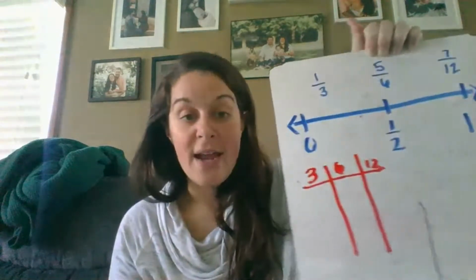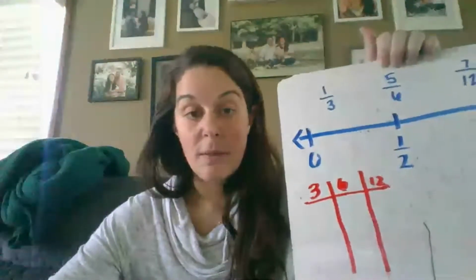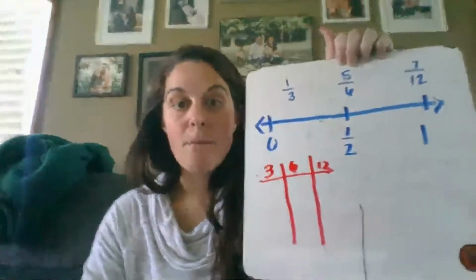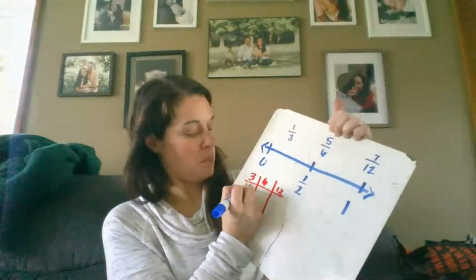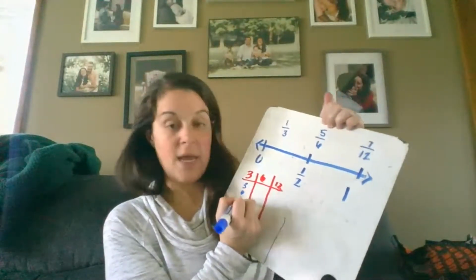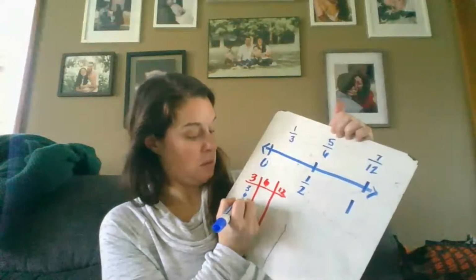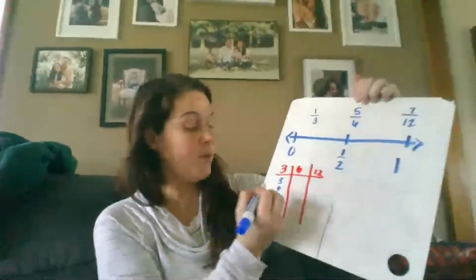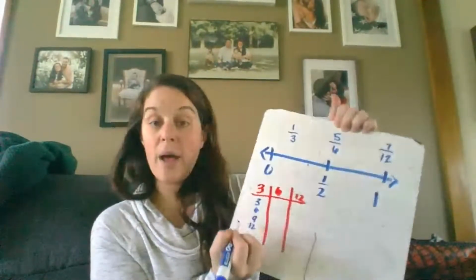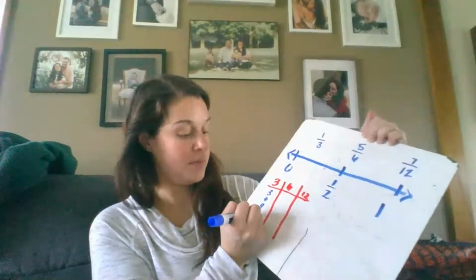Okay. And then do I list my multiples? Perfect. So I'm just going to do it down. Okay. Help me out. 3, 6, 9. Sorry, guys. 3, 6, 9, 12, 15.